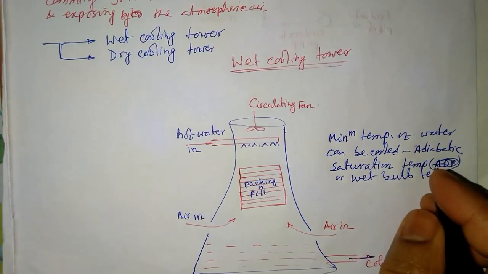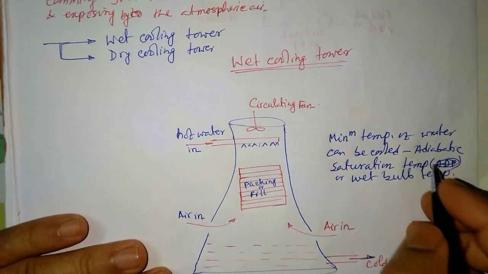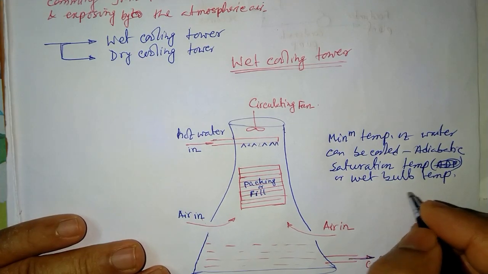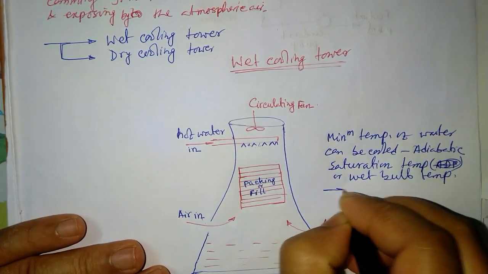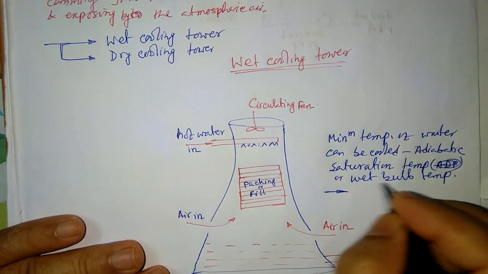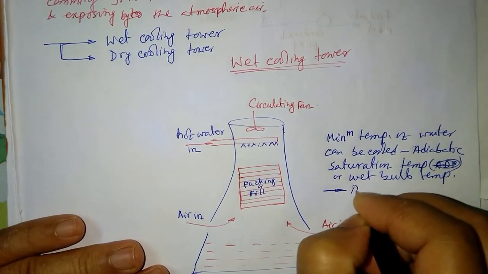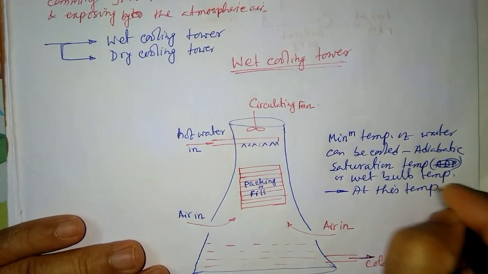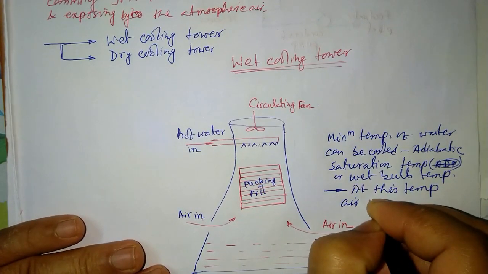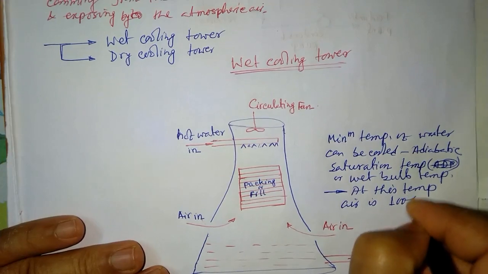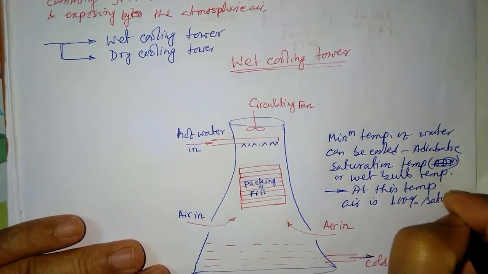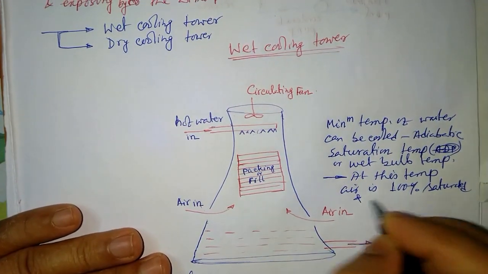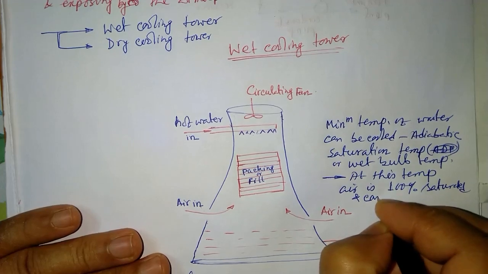We have already studied that wet bulb temperature. And keep in mind, at this temperature our air is 100% saturated and cannot absorb more moisture after that. So at this temperature air is 100% saturated and cannot absorb more water.